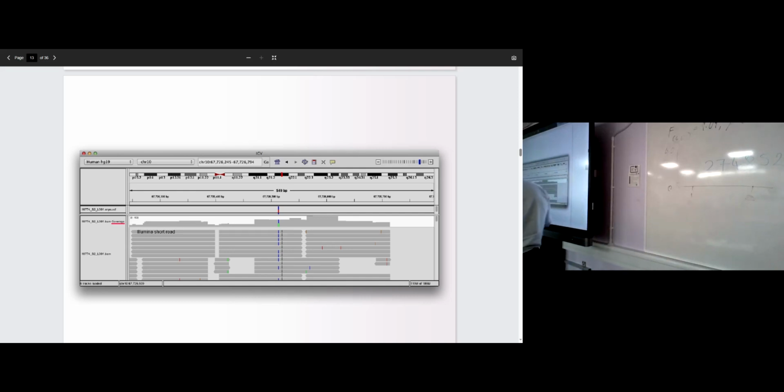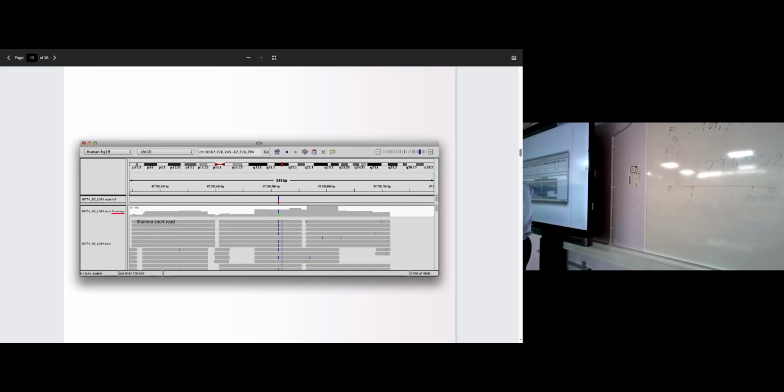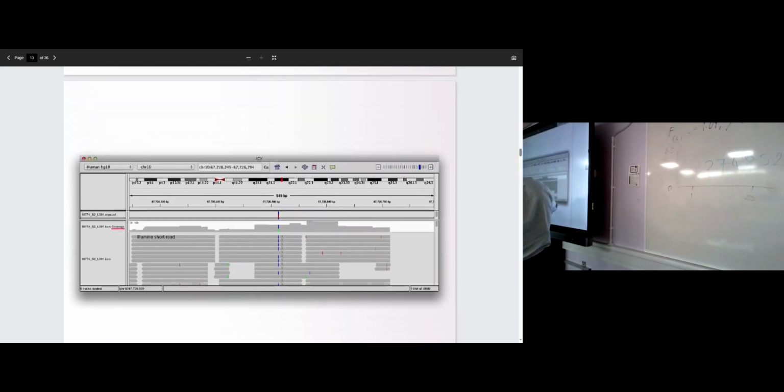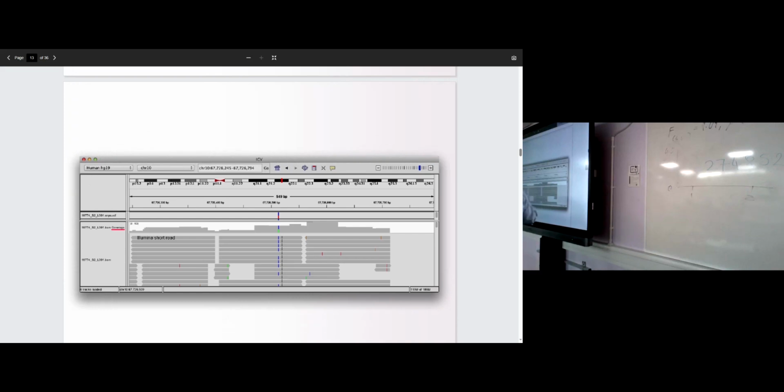The idea is that by stacking all of these fragments, if we find a position which is different from the reference by consensus of many overlapping fragments, we have sufficient confidence that actually here there is a variant. You probably can see it.